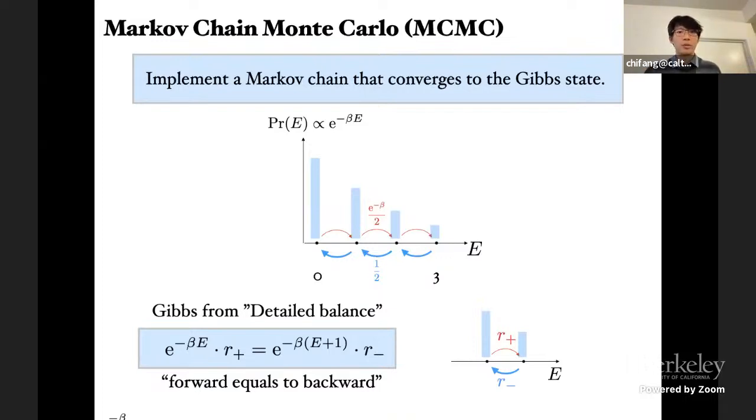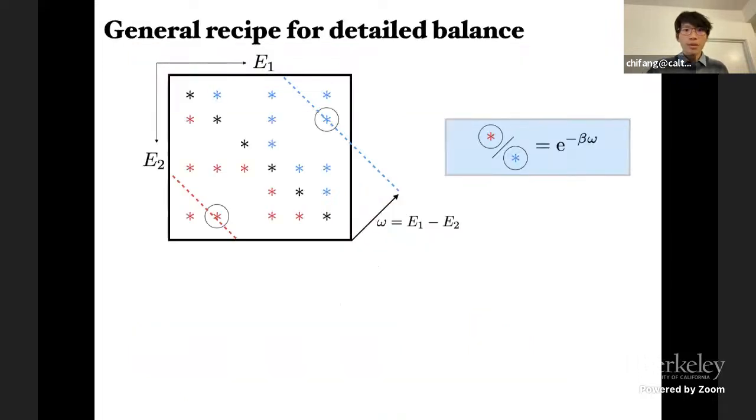However, the power of Markov chain Monte Carlo is that it works beyond this very simple, almost contrived example. So now the key is: how do we impose this detailed balance for a more general and very complex Markov chain? For this, let's look at the representation of the transition matrix.